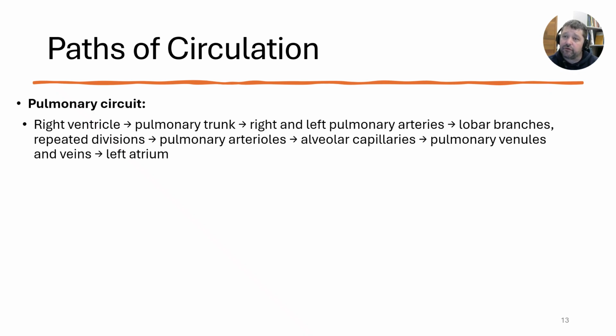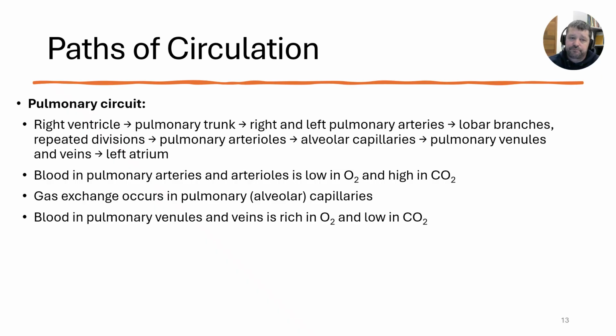So these are the cells that are going to hold a lot more oxygen. The oxygen will be transferred at this point. Carbon dioxide will be transferred at this point. And then those pulmonary venules are going to send it back via pulmonary veins into the left atrium. So blood in the pulmonary arteries and arterioles is low in oxygen, high in CO2, also typically associated maybe with nitrogen gas in some situations.